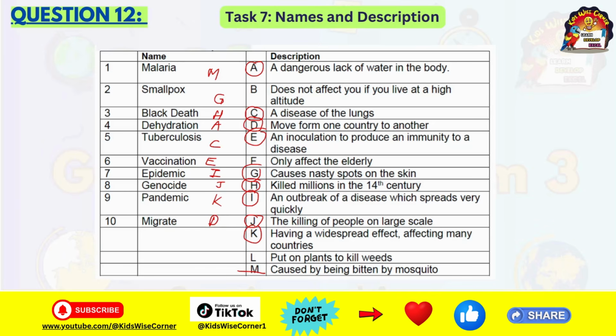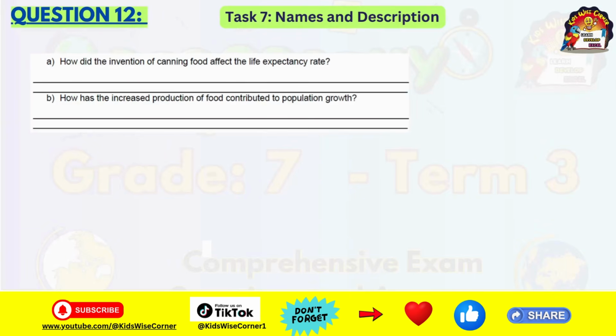Those are our options. How did the invention of canned food affect the life expectancy rate? So canned foods improved storage, thereby reducing hunger and disease, and therefore causes a higher life expectancy.